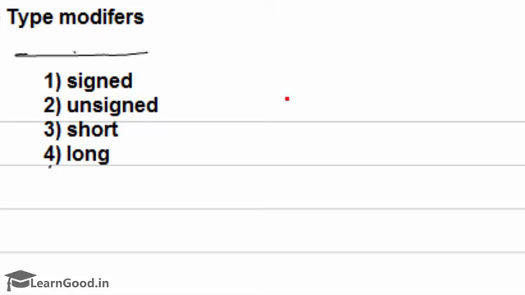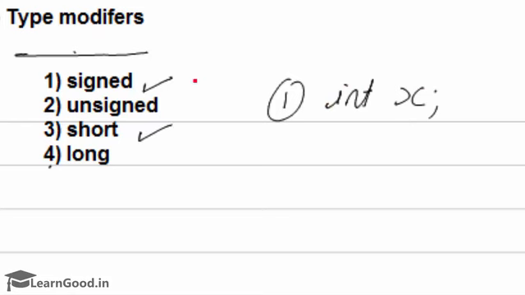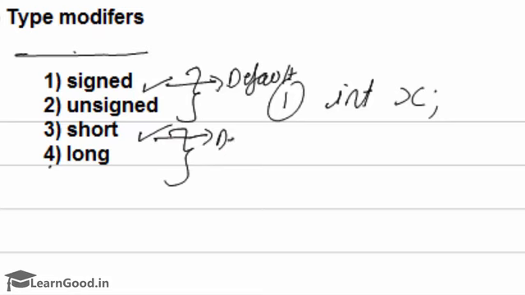Now, whenever you give just int x, by default it takes it as signed and short. So if you don't mention whether it is signed or unsigned, the default will always be signed. In the same way, if you don't mention whether it is short or long, the default will be short.